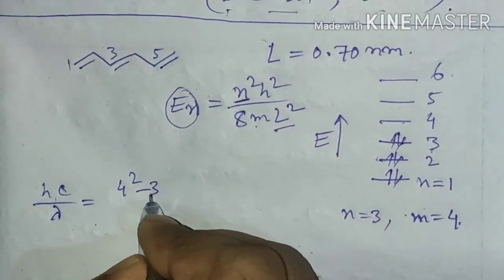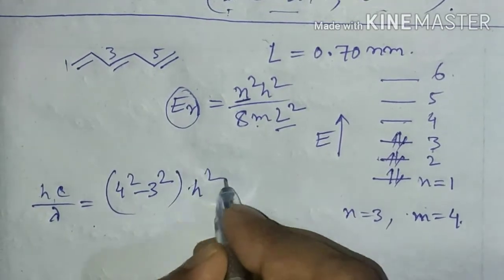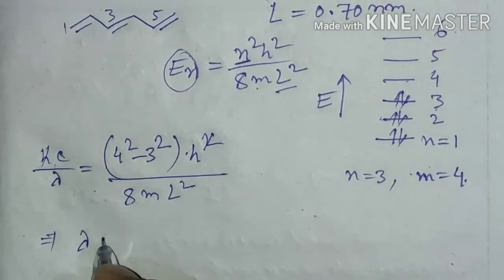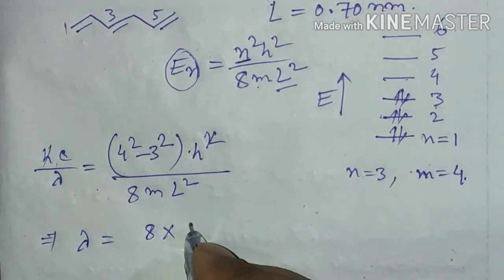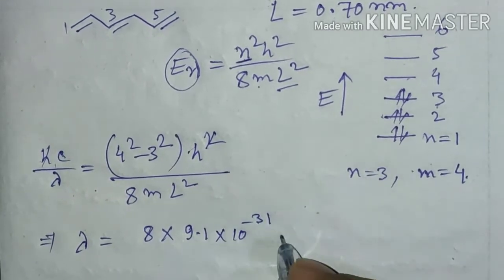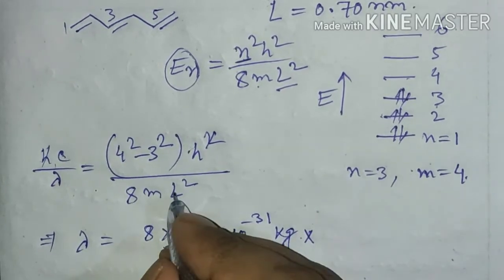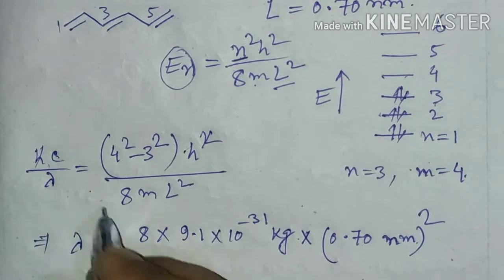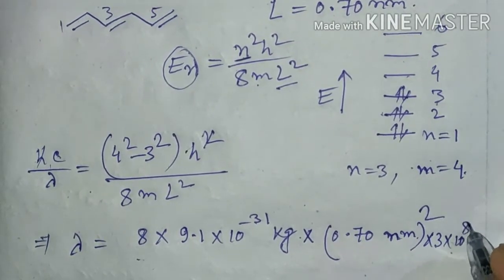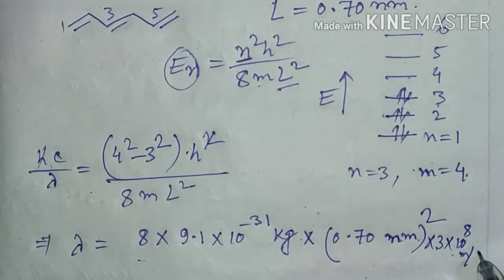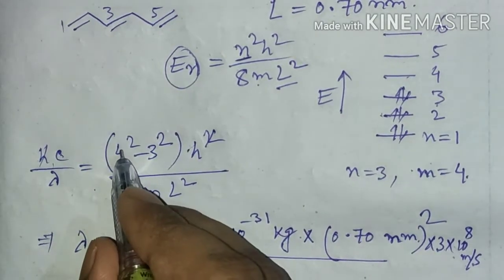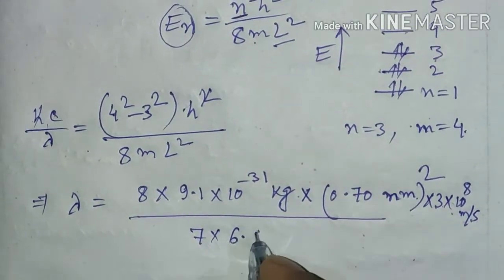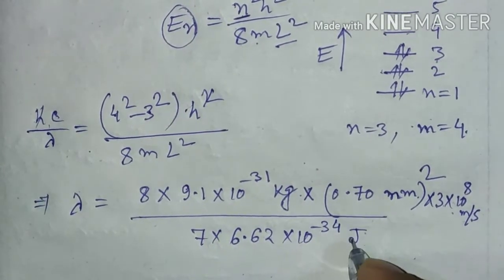It will be (4 square minus 3 square) into h square divided by 8 m L square. h on h will cancel out, and lambda will be 8 into m, where the value of m is 9.1 into 10 to the minus 31 kg, the value of L is given, 0.70 nanometer square, and it will be c, the velocity of light, 3 into 10 to the 8 meter per second, divided by (4 square is 16 minus 9) that is 7 into h, that is 6.62 into 10 to the power minus 34 joule second.